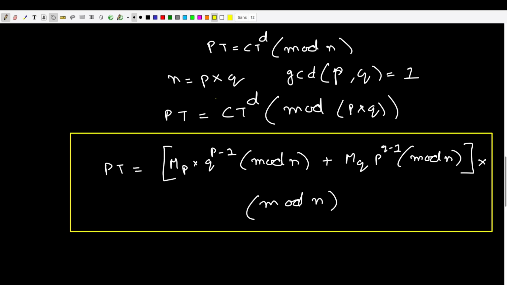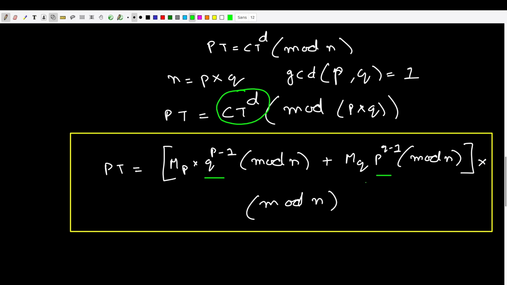Now clearly, here we had to compute this CT to the power D, whereas here we don't really have to compute that kind of CT to the power D. This is what we have to worry about.